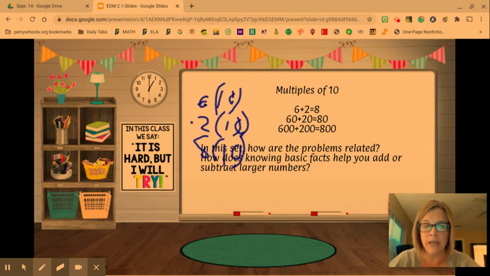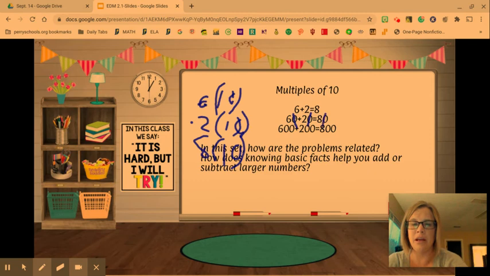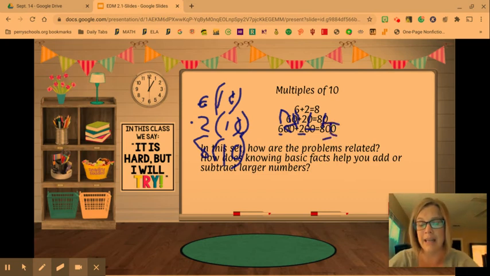So one way that you can think of it is if I got rid of this 0 here, then I would be left with my base fact of 6 plus 2, and then I would need to put the 0 back on. Same thing for 600 plus 200. Again, I have 2 zeros here, and I can do my base fact of 6 plus 2 is 8. And then add my 2 zeros back on to get 800.